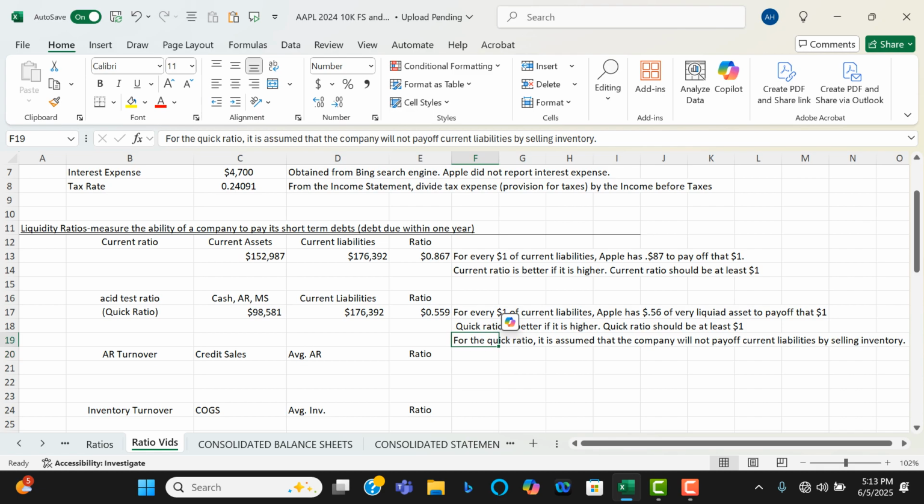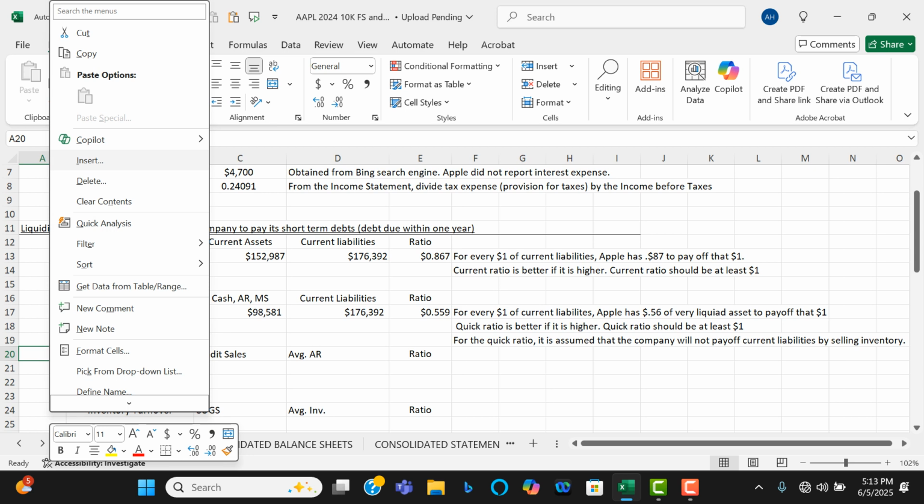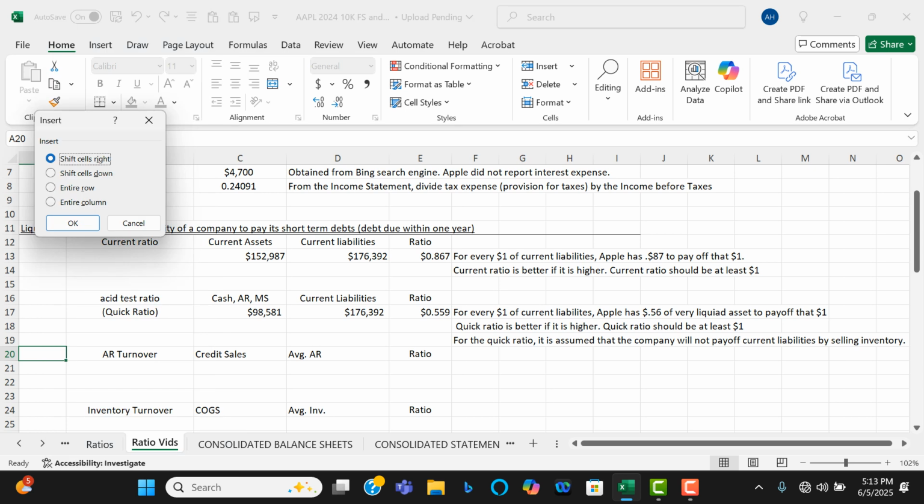And there's two reasons for this. The first reason is that inventory is just not that liquid. Inventory, for some industries, is very liquid. For others, it takes a long time. It takes several days to sell your inventory. So it's not as liquid as an account receivable. It's certainly not as liquid as a marketable security that you can sell tomorrow.